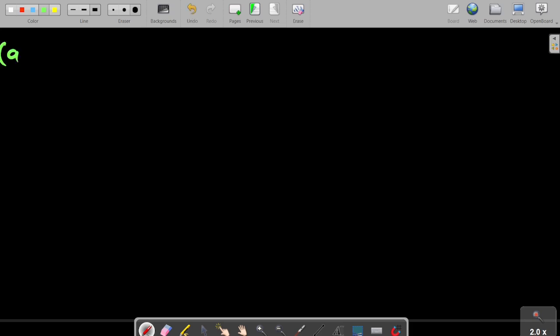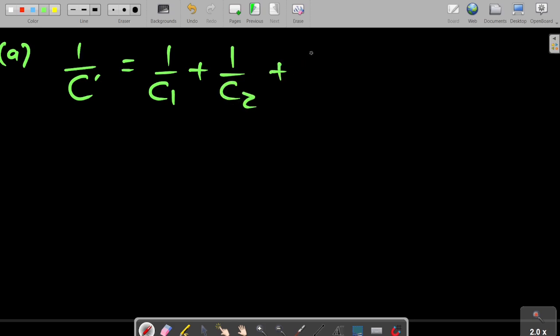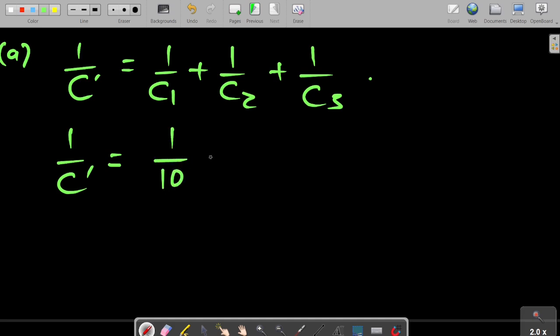In part A, if we have capacitors C1, C2 and C3, the equivalent capacitance in series combination is given by 1 upon C, which I am denoting by C dash, is equal to 1 upon C1 plus 1 upon C2 plus 1 upon C3. Here 1 upon C dash is equal to 1 upon 10 plus 1 upon 10 plus 1 upon 10, since C1, C2 and C3 are each 10 microfarad.